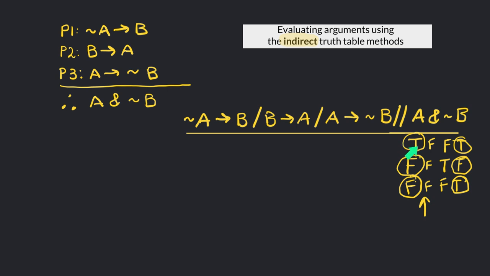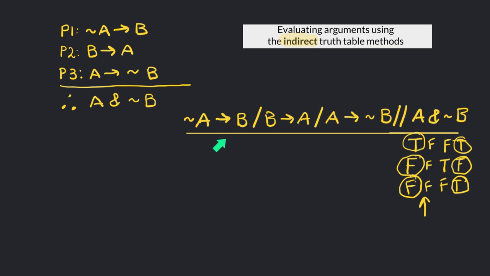let's say you're working with the truth values of A true and B true, as in the top row here. Let's say that you encounter a contradiction applying A is true and B is true to the truth value of the premises.